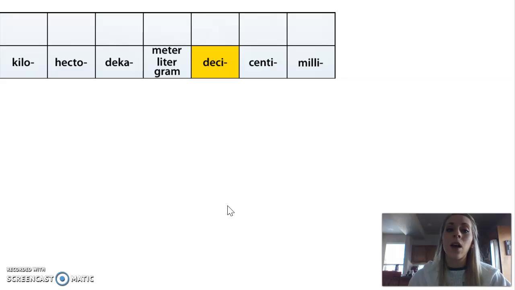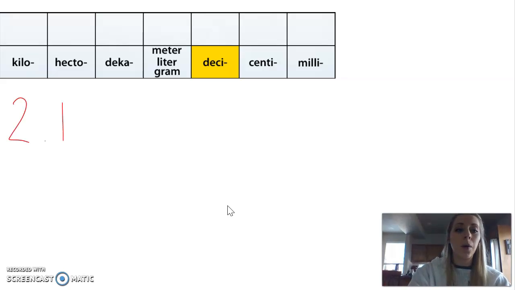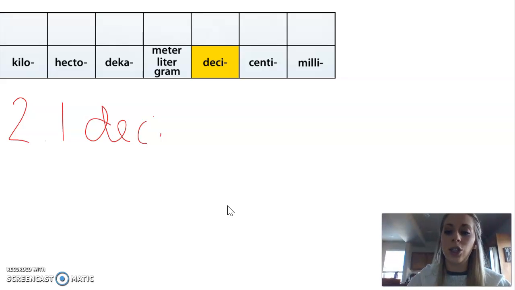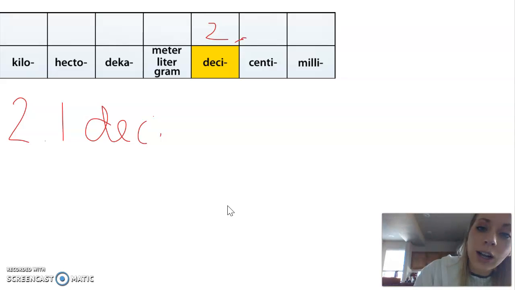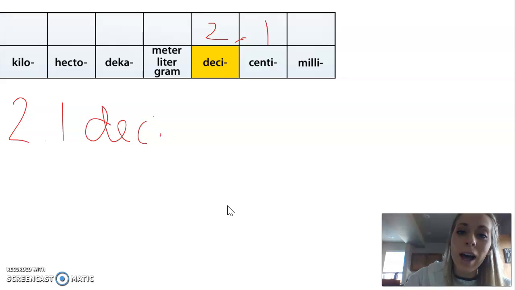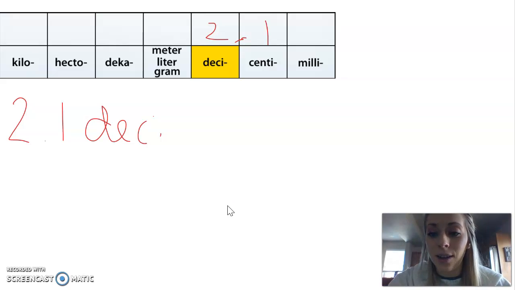So we have a question, say we have 2.1 decimeters, okay? We're still using that same diagram there. So what you have to do in this situation, fifth grade, is write a 2 in that box above the decimeters, and it's 0.1. So you have to put a dot on that line, that's my decimal point, sorry, and a 1 over the centimeters, okay?